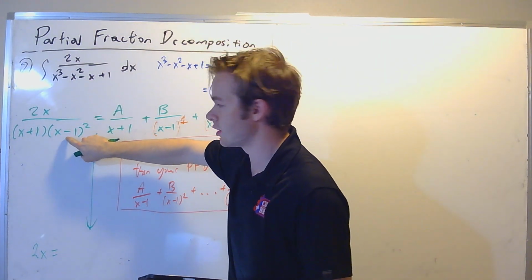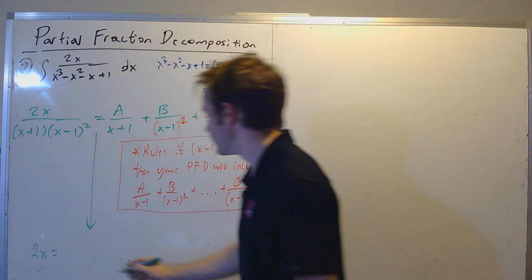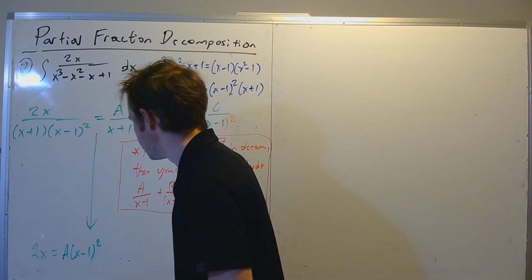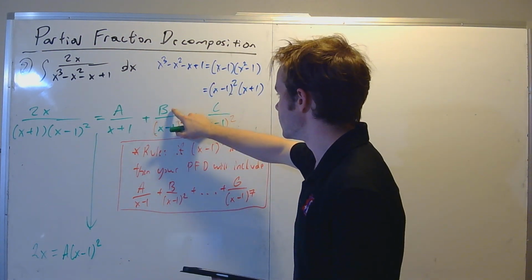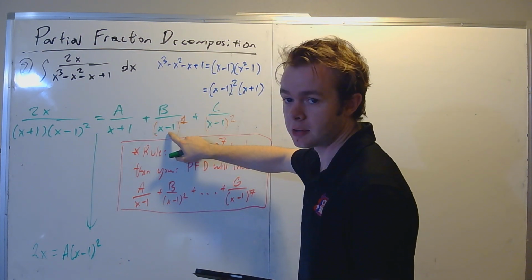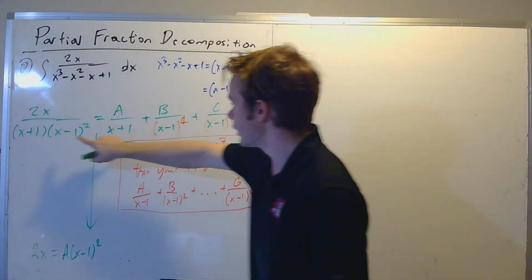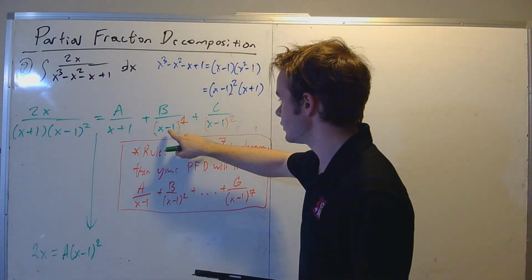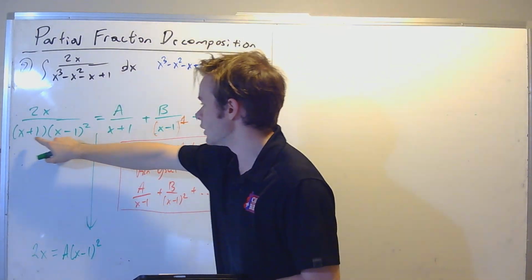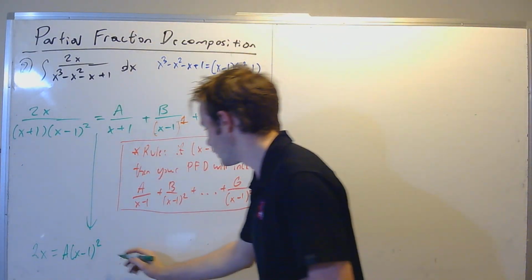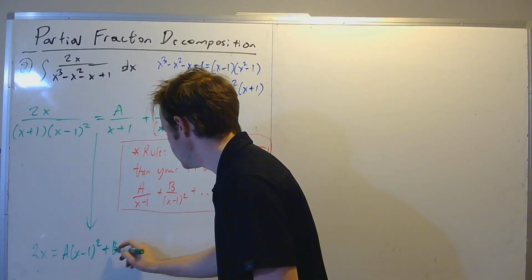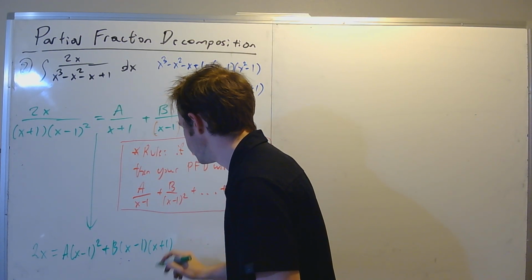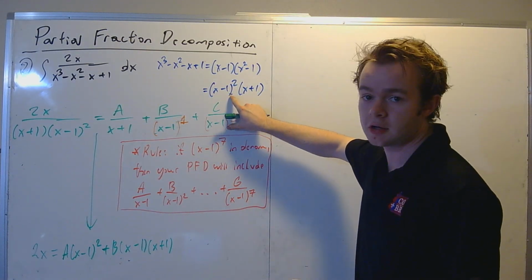What's missing is this x minus 1 squared. So we're going to have A times x minus 1 squared, right? And here we've got B over x minus 1, but here we have x plus 1, and we've got 2 copies of x minus 1. So what's missing is 1 copy of x minus 1 and 1 copy of x plus 1. So we're going to have plus B times x minus 1 times x plus 1. Okay, and then we look at the final fraction.